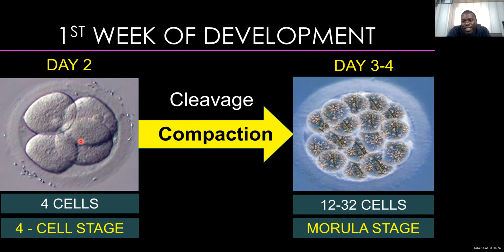As the number of cells increases and the zona pellucida is intact, the pressure within the zona pellucida is high, and that's what we're calling compaction. The cells are squeezed. Now let's bring this morula to the next page.